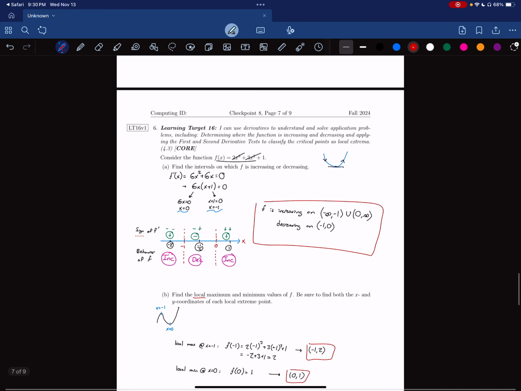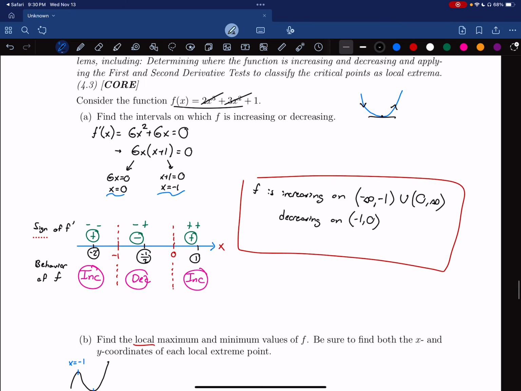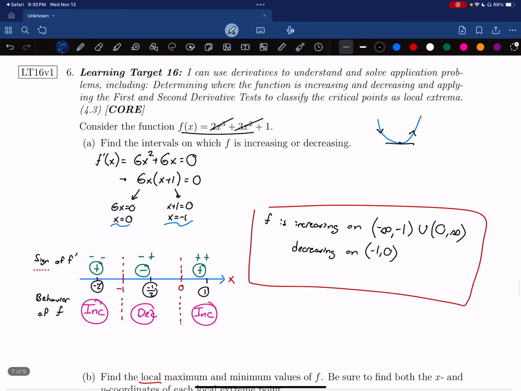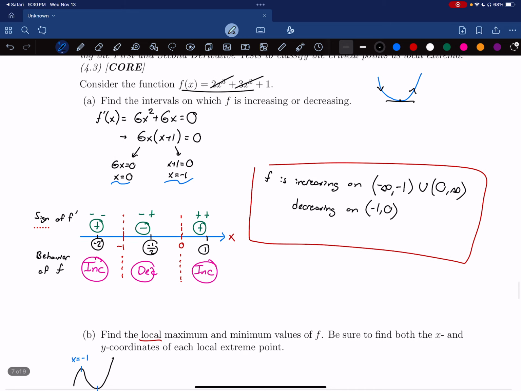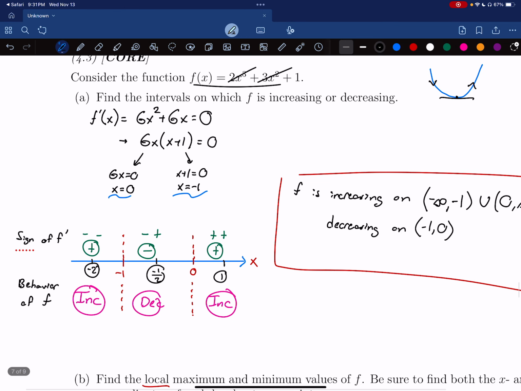So a little summary for this learning target. You need to find the intervals, so we take a derivative, set it equal to 0 to get our critical points. We do a sign chart. Given the zeros that we solve for here, which are -1 and 0, we test values between or beyond those intervals. So we chose -2, -1/2, and 1.